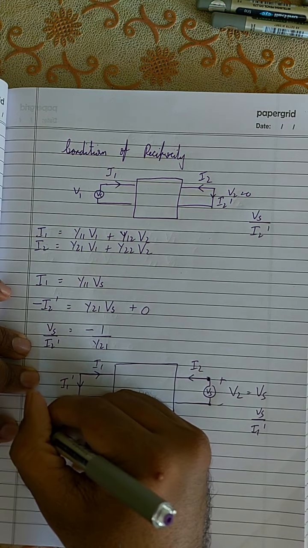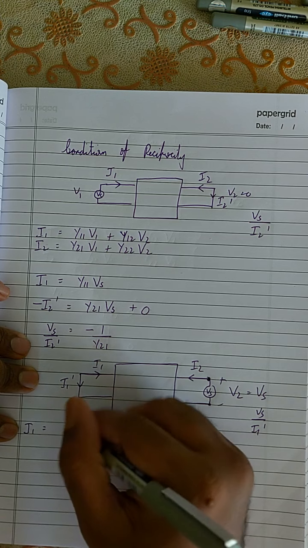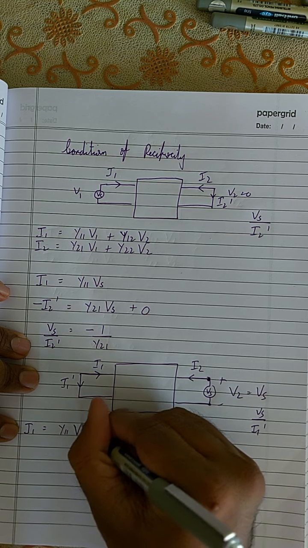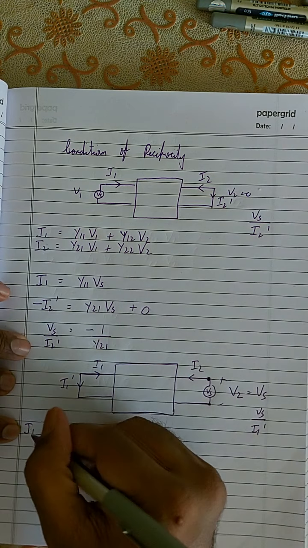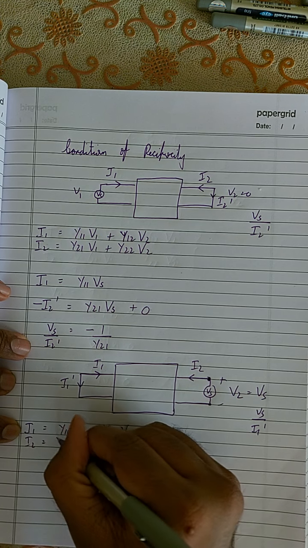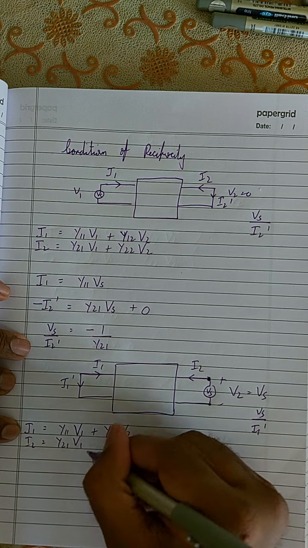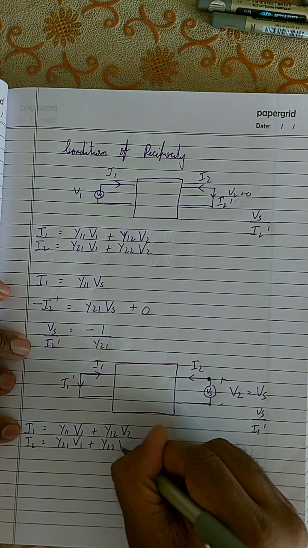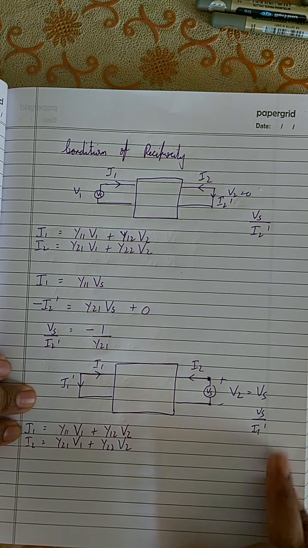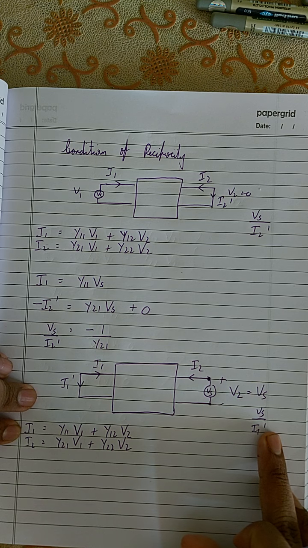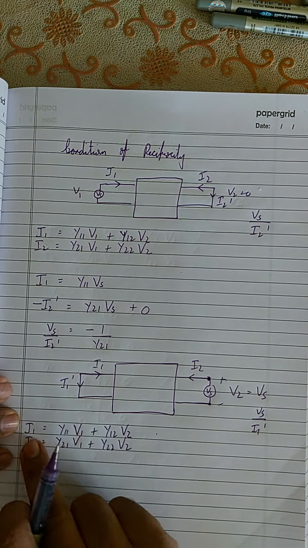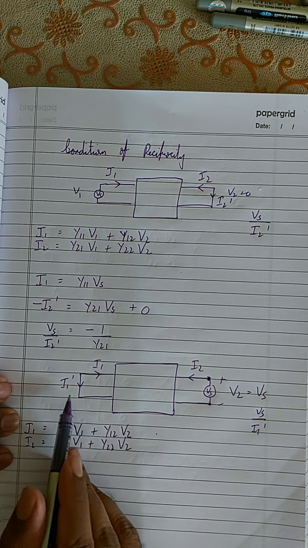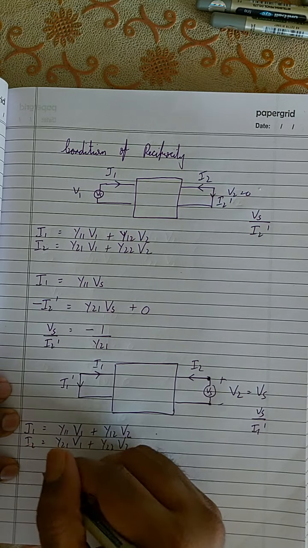Let me write the equations again. I1 is equal to y11 v1 plus y12 v2, and I2 is equal to y21 v1 plus y22 v2. What is Vs by I1 dash? I will take the first one. I1 is minus I1 dash because they both are going in opposite directions.